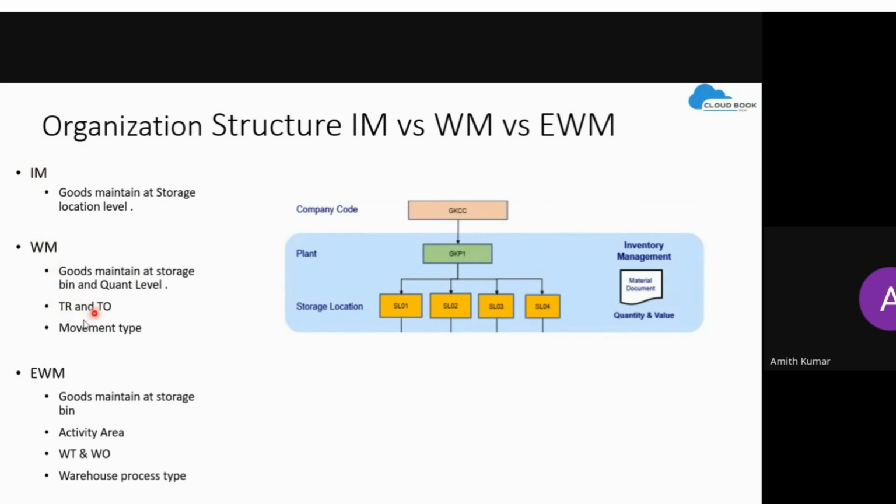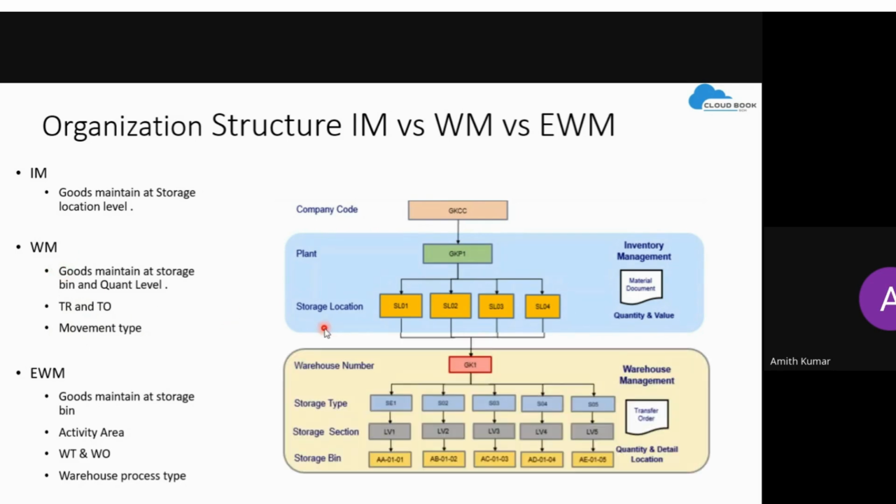Now in WM we have different terminologies, and we will not go into the details of it, but conceptually the goods are managed at the bin level when it comes to the WM. Here you can see these are my different storage locations, and now I want to manage it at the warehouse level. This is how the structure will look. We will have a warehouse, and as I explained before, we should first understand the layout of our warehouse.